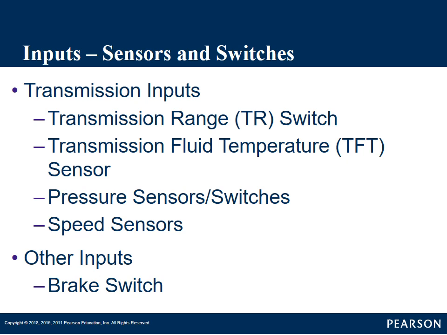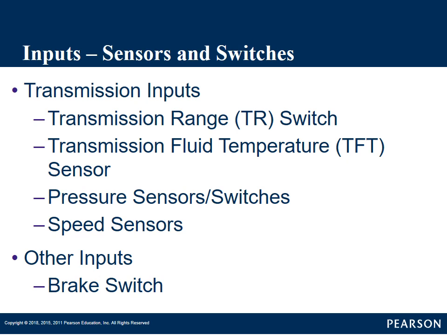So we've looked at our transmission engine inputs. We won't go into great detail on those because in our engine performance class, we should have a pretty good idea of how those sensors function and how they operate. The transmission uses those to get an overall understanding of the load that the engine is under.